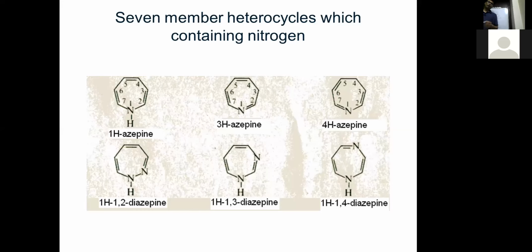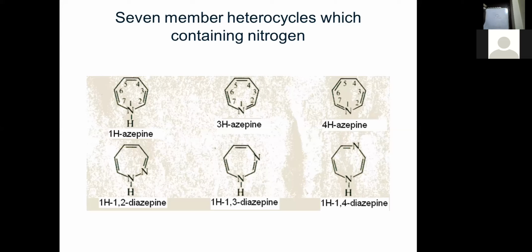Next is your 1,4 diazepine, which is in benzodiazepines. They contain 1,4 diazepine, so 1H-1,4 diazepine. This nomenclature is very important to be known for you. That's the reason why I'm telling you. Please understand this properly. The saturated nitrogen is given the first priority, and the position of the second nitrogen depends.